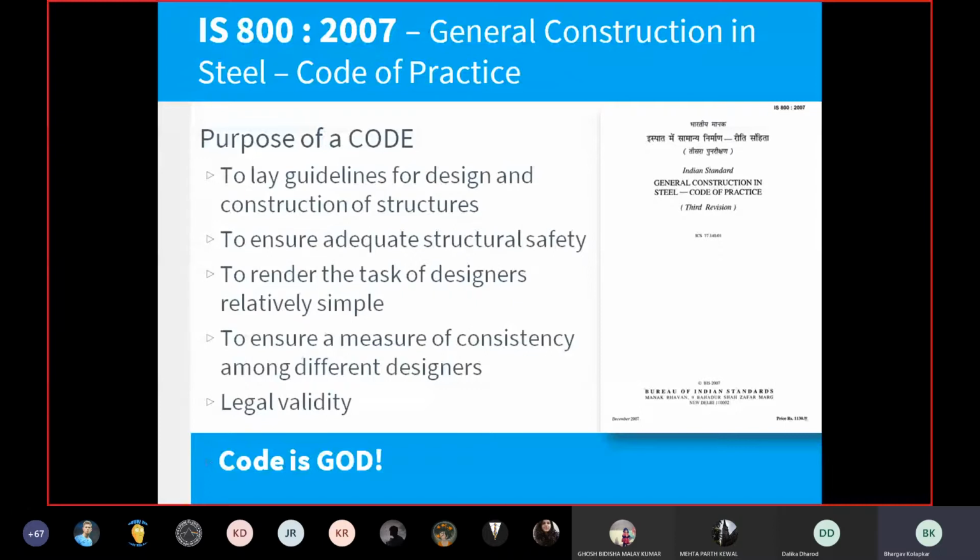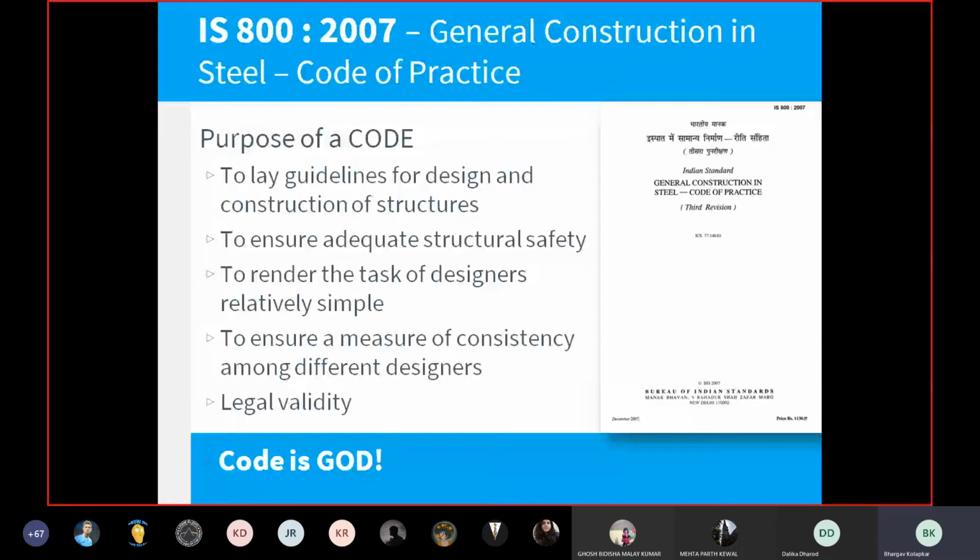So this code, or this recommended set of guidelines, helps a designer in the design and construction of structures. If a particular designer follows this code, there's a high probability that the structure is adequately safe.